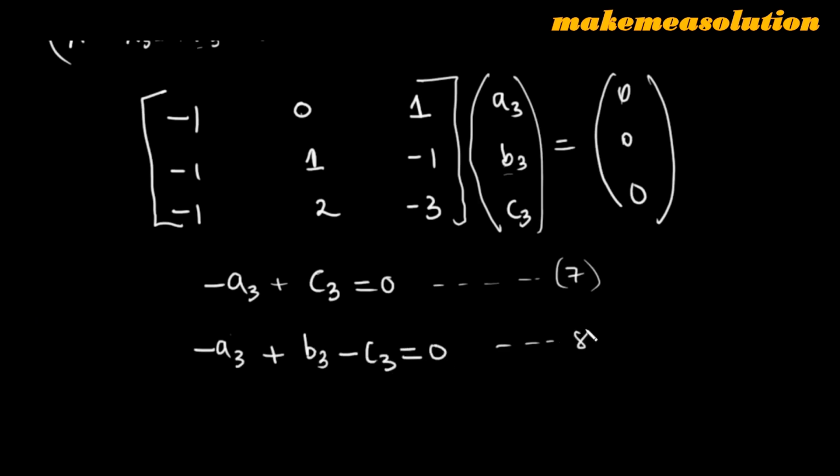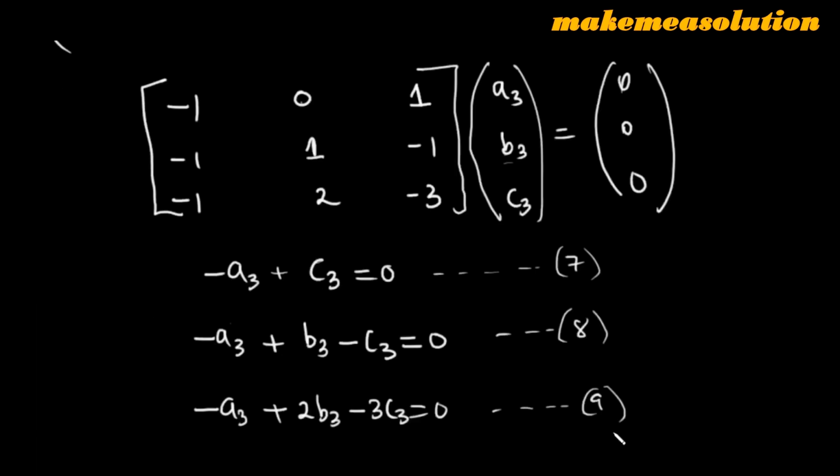This is your equation 8. Then finally, in expanding the last one, you have minus a3 plus 2b3 minus 3c3 is equal to 0. And this is equation 9. So we want to find a meaningful relationship from these identities. Okay, so we're going to copy it and go work with it up here.